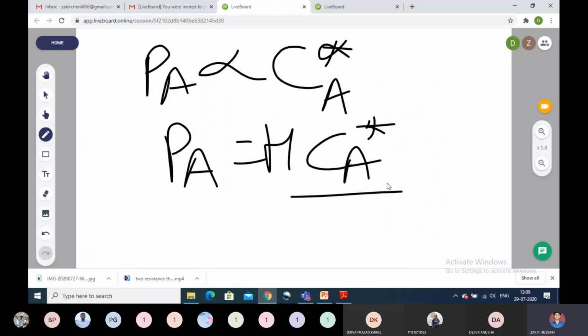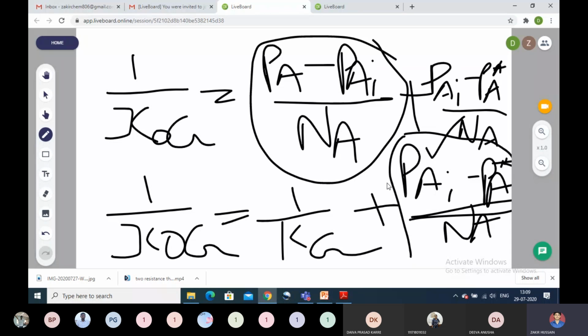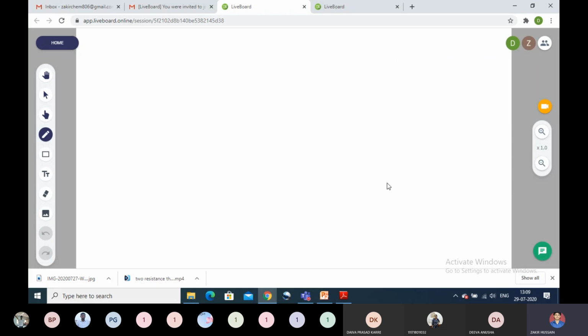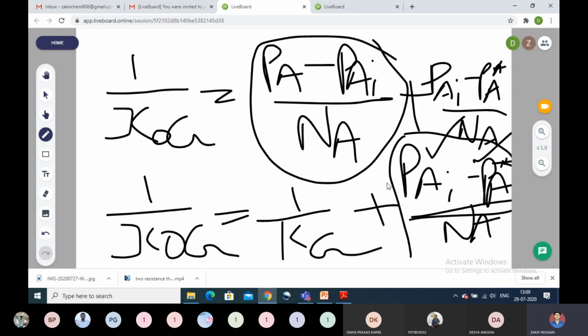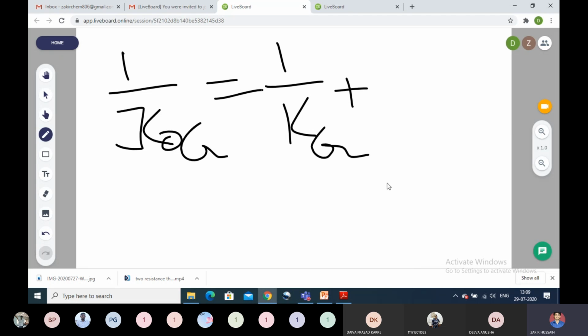So then we can write H into CA star, and similarly PAI is equal to H into CAI, we can substitute. In this equation, instead of PAI we can substitute H into CAI. In place of PA star we can substitute H into CA. So 1 by KOG is equal to 1 by kg plus, in place of PAI we can substitute H into CAI, and in place of PA star we can substitute H into CA, divided by NA.